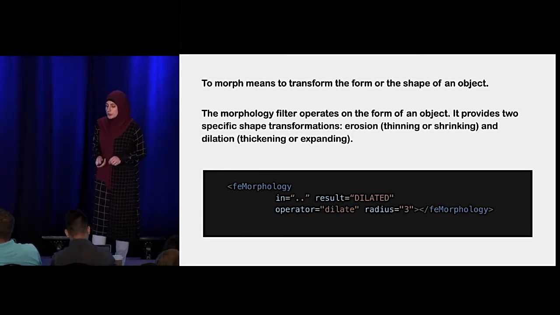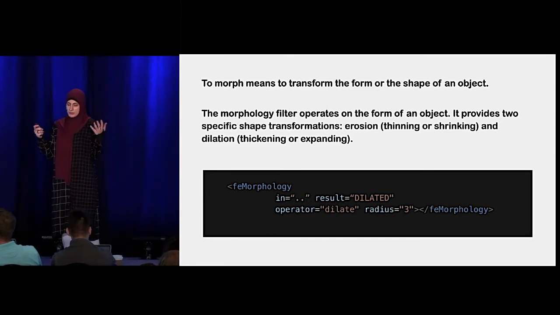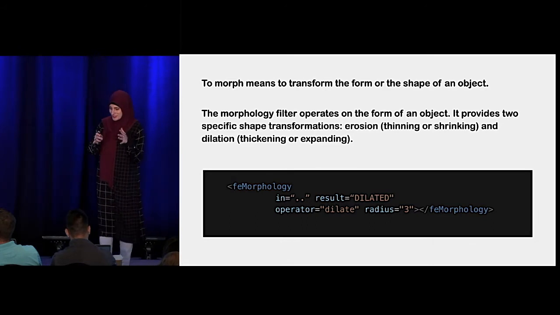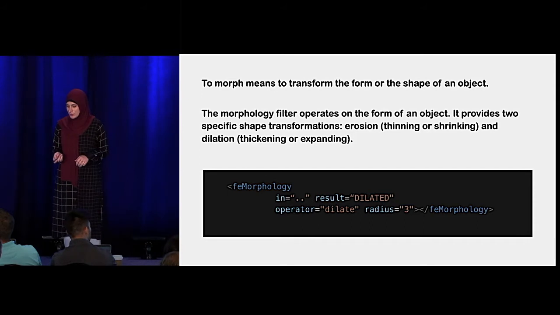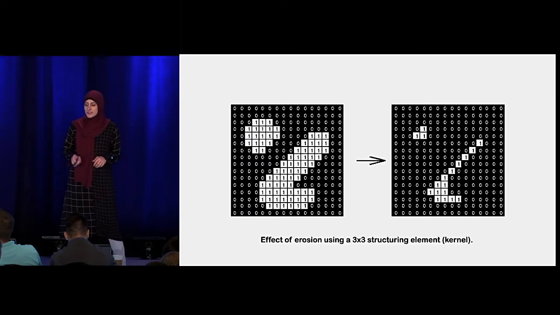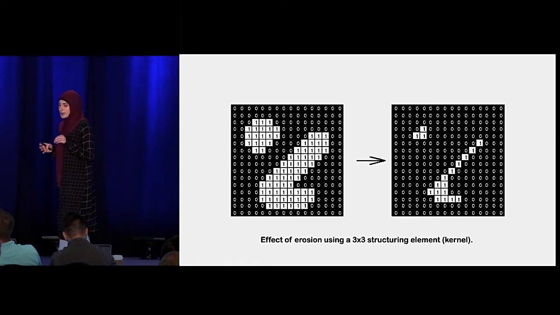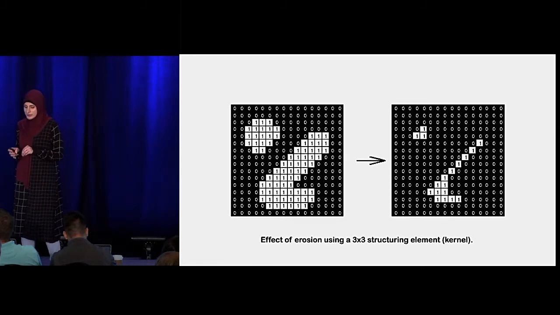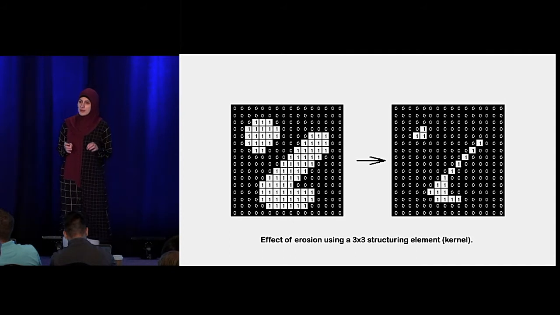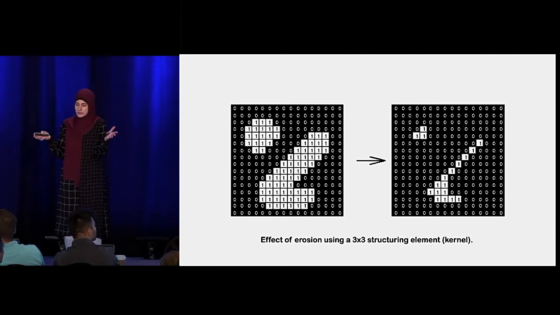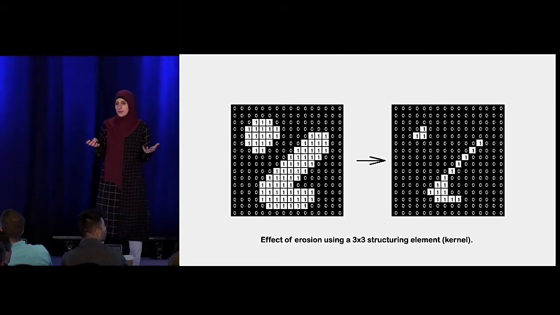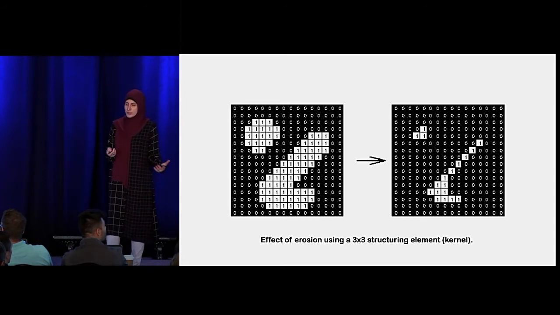The amount by which a pixel is dilated or shrunk is specified inside of the radius attribute. Think of this radius as a radius of a circle or ellipse, and any neighboring pixels that lie within the circle determined by this radius, starting at the input pixel, count as neighboring pixels and will then be used to either shrink or expand to get the shrinking or expanding effect.